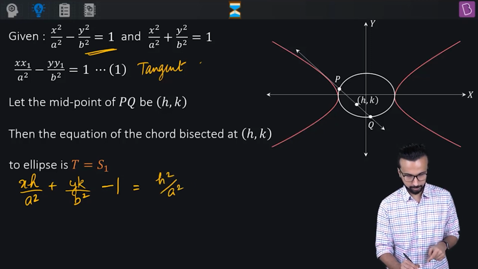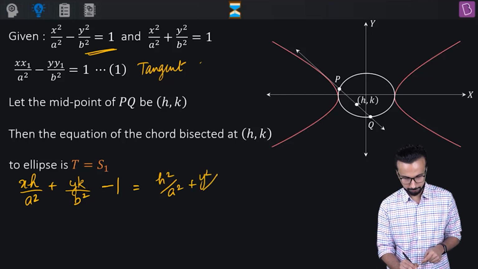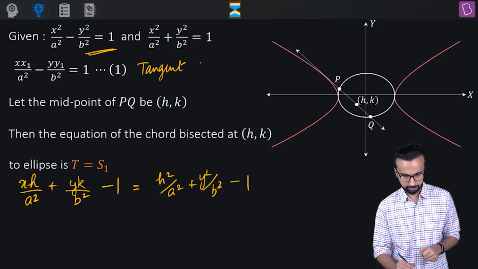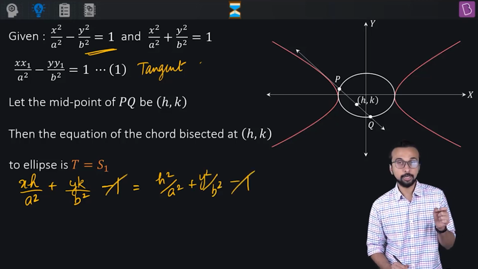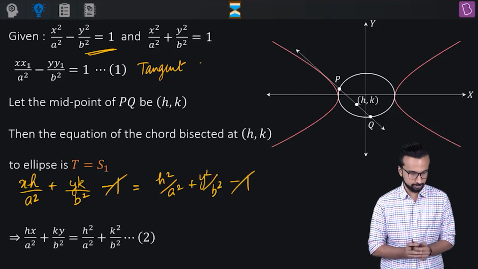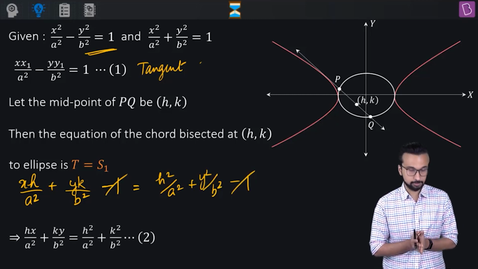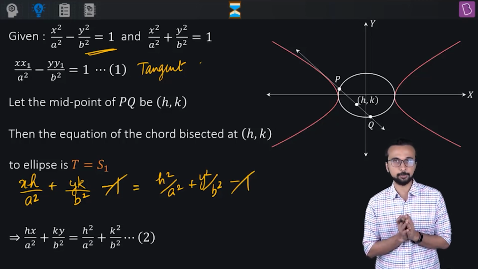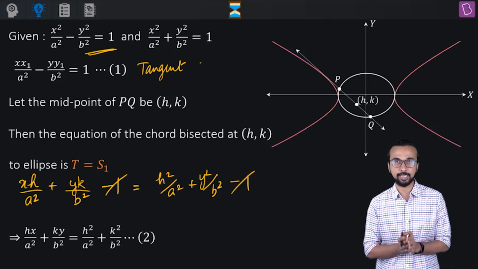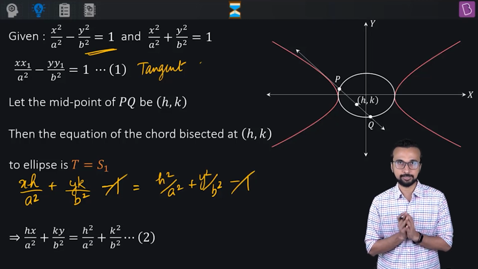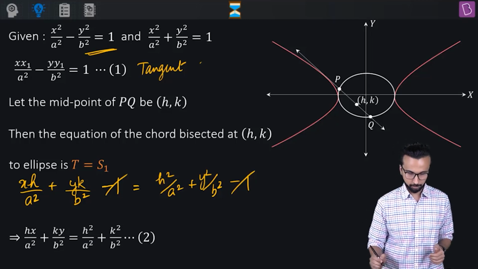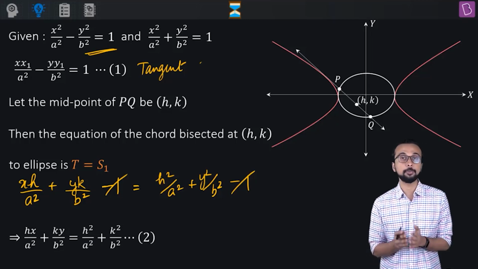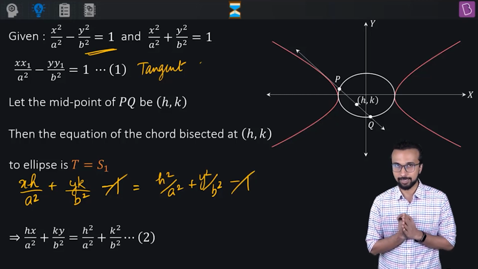Simply cancel out the minus 1s to get the following equation: x into h by a square plus y into k by b square equal to h square by a square plus k square by b square. This is the equation we get for the chord with midpoint (h, k).